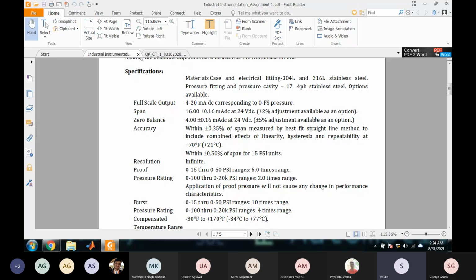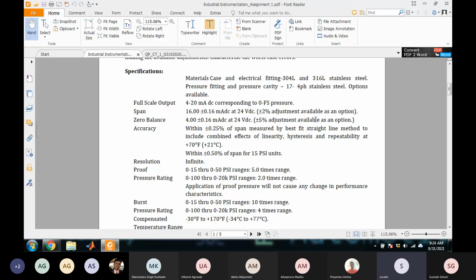And at zero pressure, there can be an input range and there can be an output range. The input range is 0 to full scale pressure. See, this is a specification from a company, right? So the company manufactures many pressure sensors.